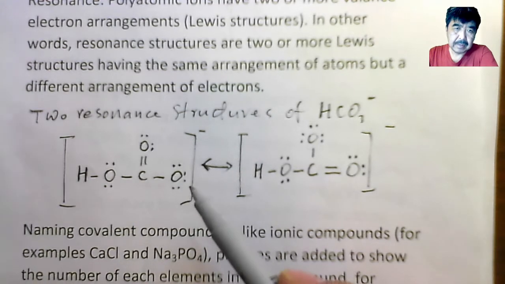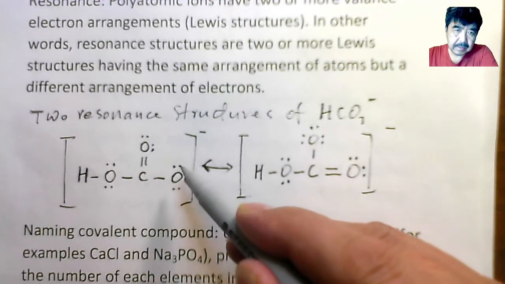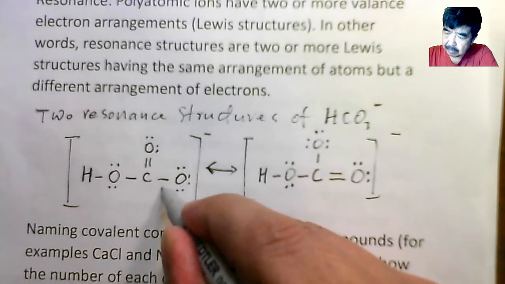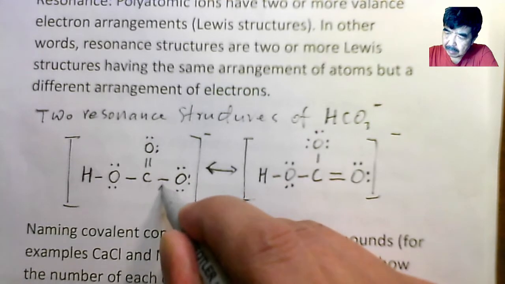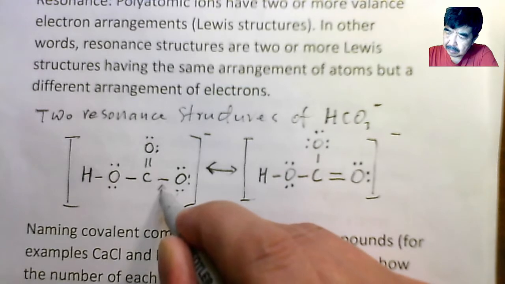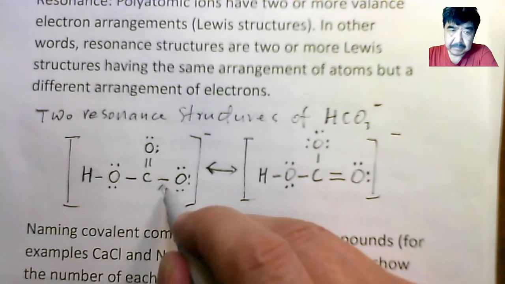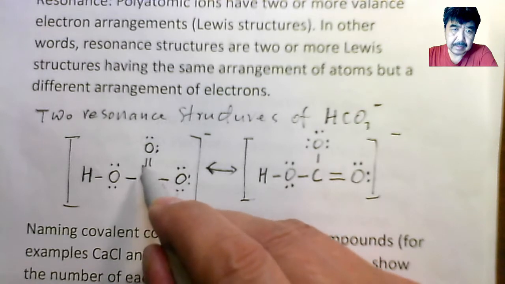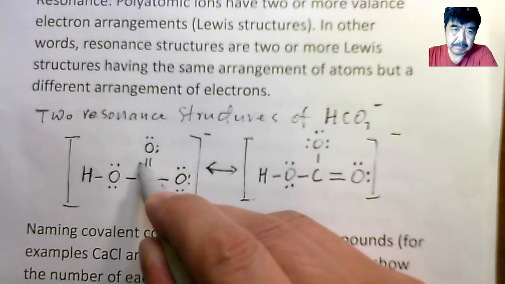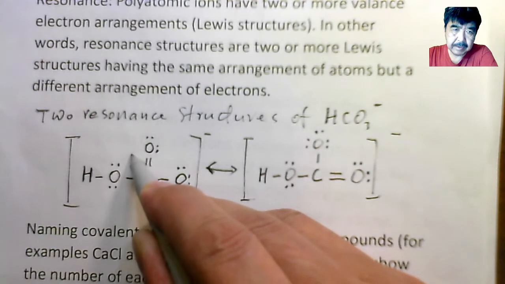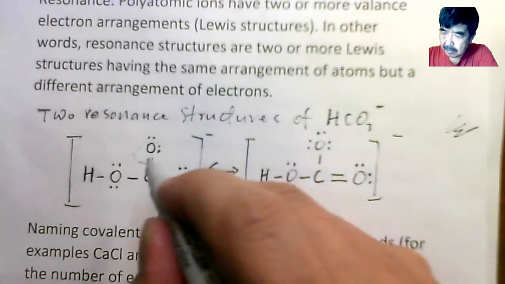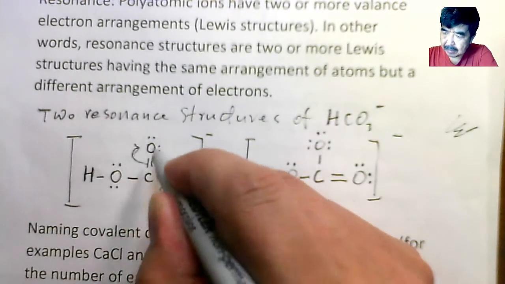In this case, this lone pair can come to between carbon and oxygen and form a shared pair, becoming a bond between carbon and oxygen, and this shared pair can become a lone pair of this oxygen.